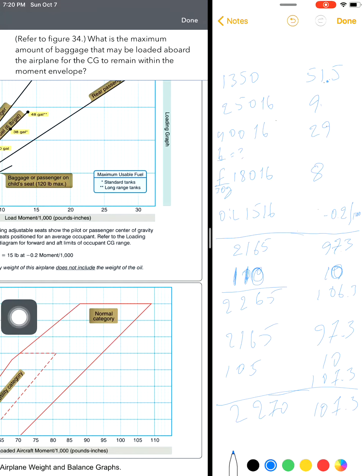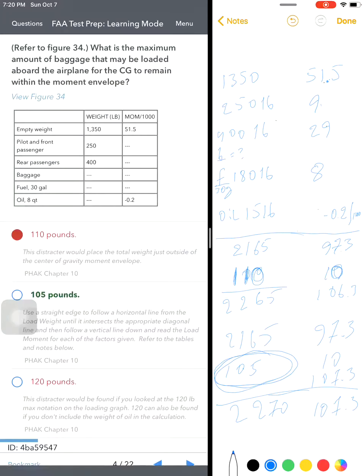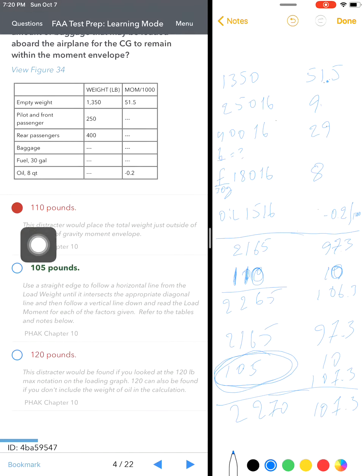So that means the 105 is perfect, at least one out of 110 and 120. So if you would have picked 110, it would have been out of the way. 100 would have been perfect. 105 is on the border, which is acceptable. So there we go.